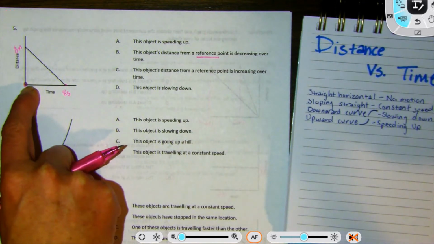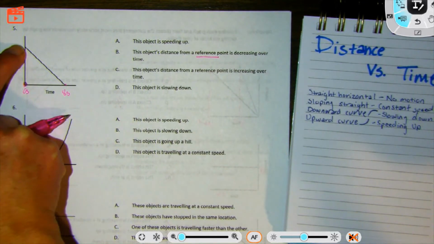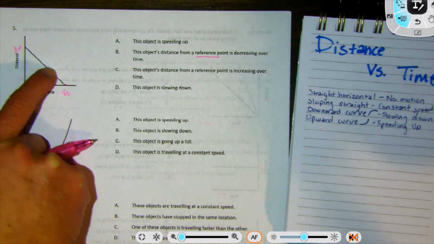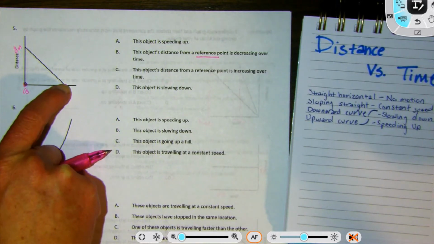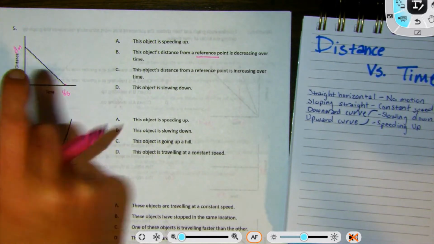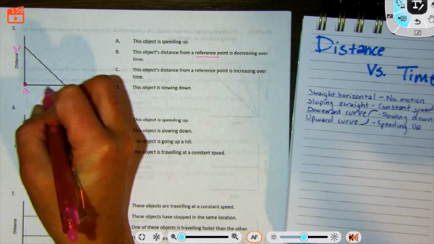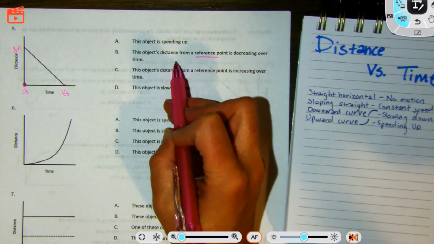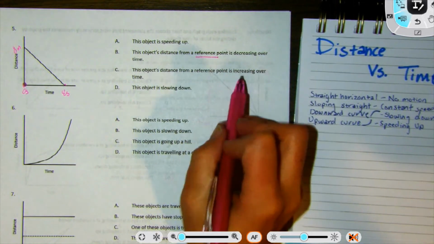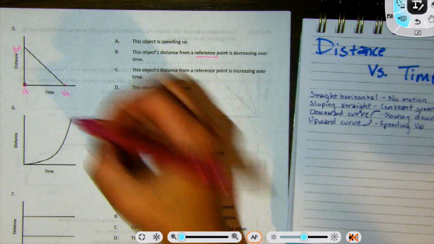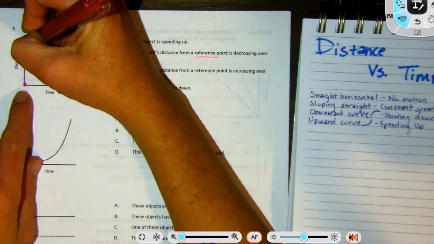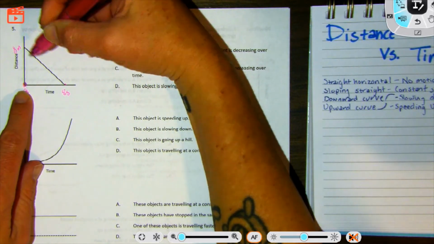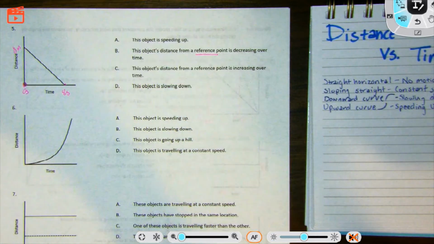I started out 4 blocks from my house, and it took me 8 seconds to get back to where my house was, right? Because that goes back to the reference point. So, was the object's distance from the reference point decreasing or increasing? Well, if we're way up here, we're 8 meters away from the reference point, and we slowly got closer, so it's decreasing.